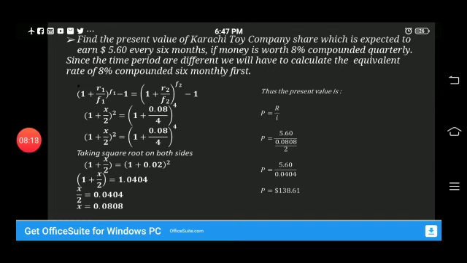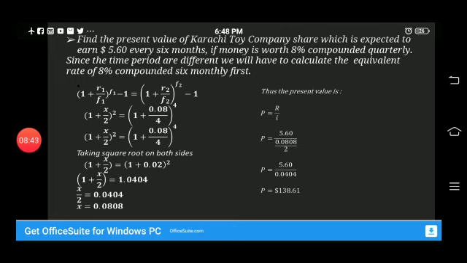This is the last example. Now, look at this example carefully. It says, find the present value of the Karachi Toy Company share, which is expected to earn $5.60 every 6 months if the money is worth 8% compounded quarterly.